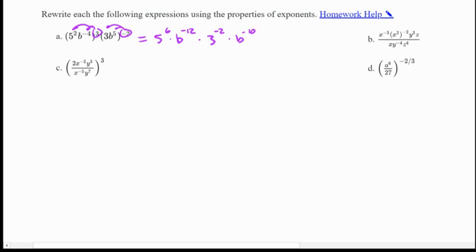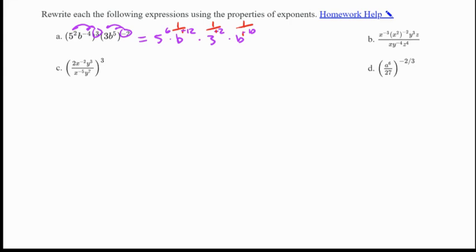And from here, anything with a negative exponent, I'm going to take the reciprocal, meaning I'm really just going to call it 1 over this and then make the exponent positive.